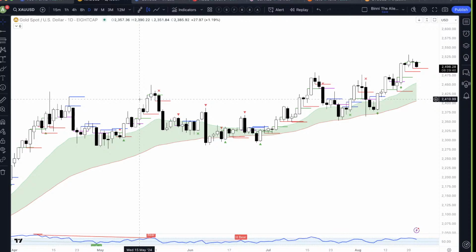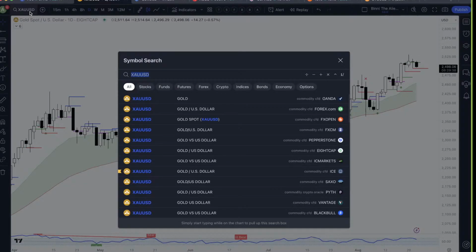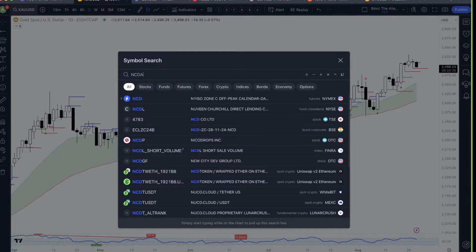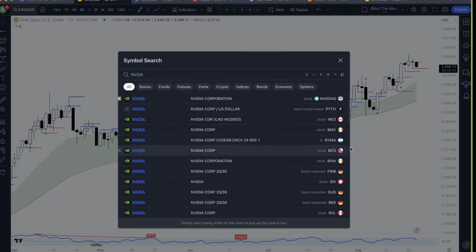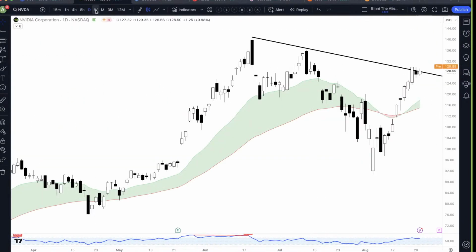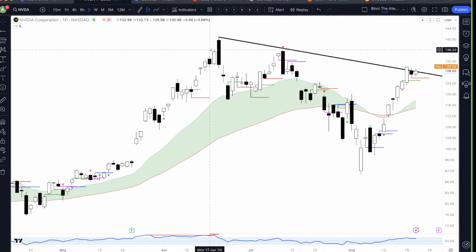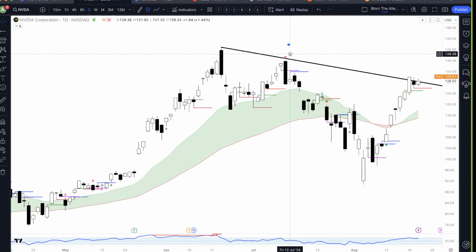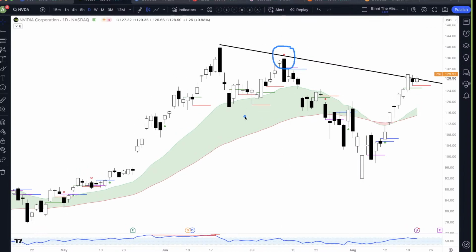This is exactly how we also use this to trade the stocks. For example, this is Nvidia. What happens to Nvidia? We have one high here, and then it came into here, about the same high, and what color do we have? A red one.